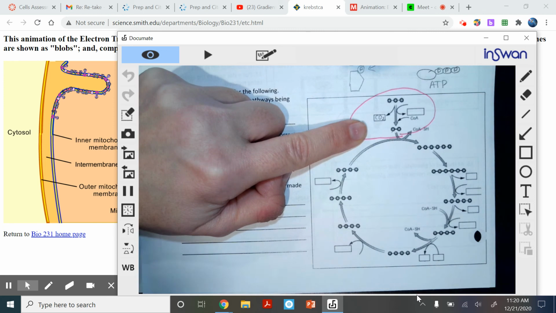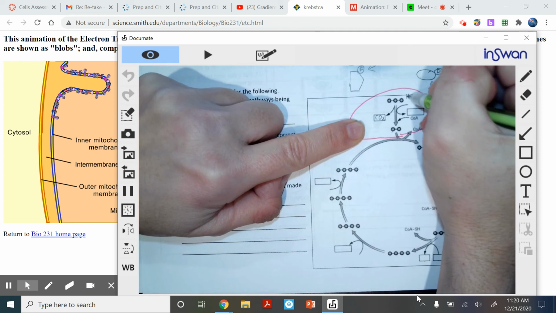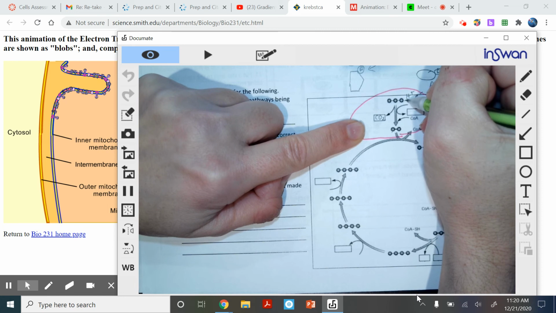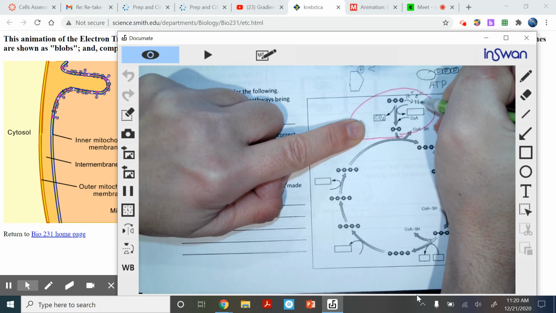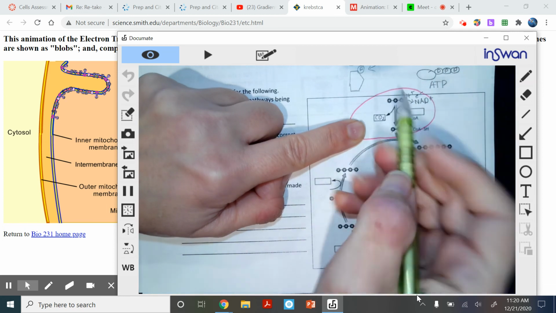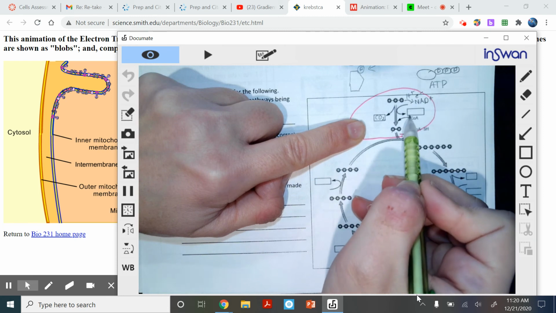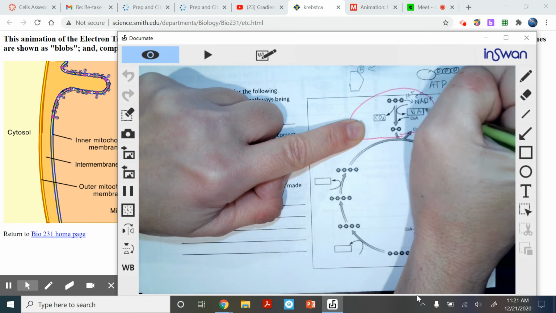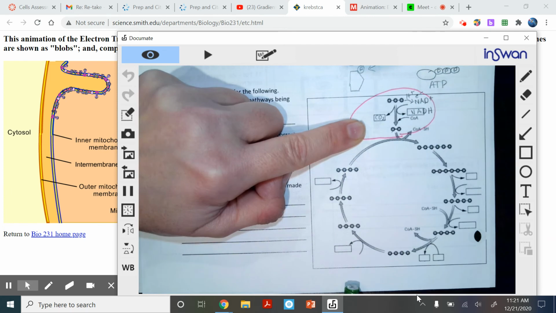And hopefully then that makes sense. Also, if protons and electrons are being pulled off of pyruvate, do you remember that they would be getting put on the bus, like the NAD plus? And so now the NAD plus is called NADH.